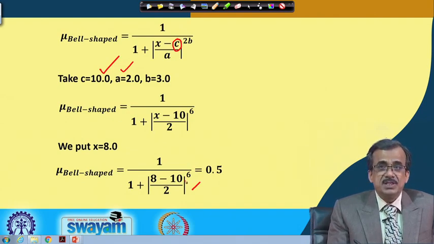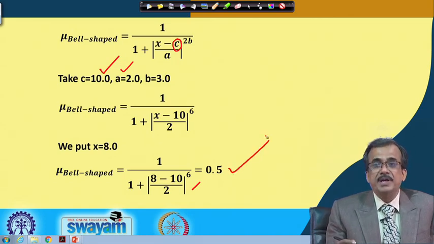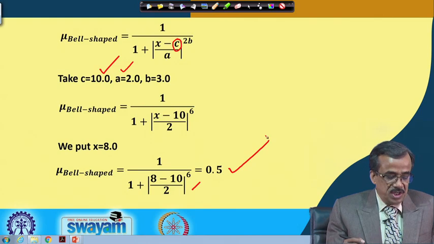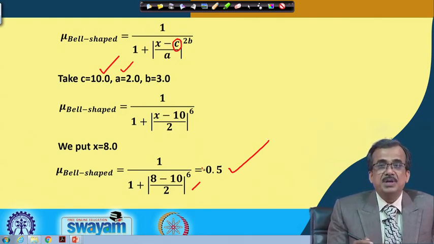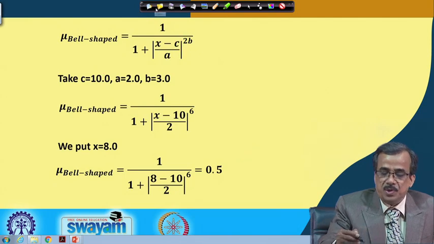Now, 8 minus 10 is minus 2, divided by 2 is minus 1. The mod value of that is plus 1, raised to the power 6, so this will become equal to 1. So, 1 divided by 2 gives 0.5. So, mu bell-shaped is equal to 0.5 corresponding to x equals to 8.0.